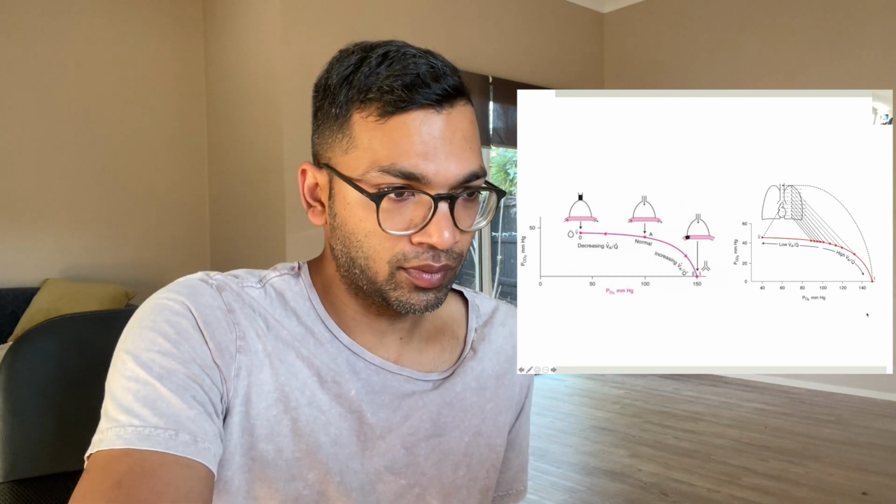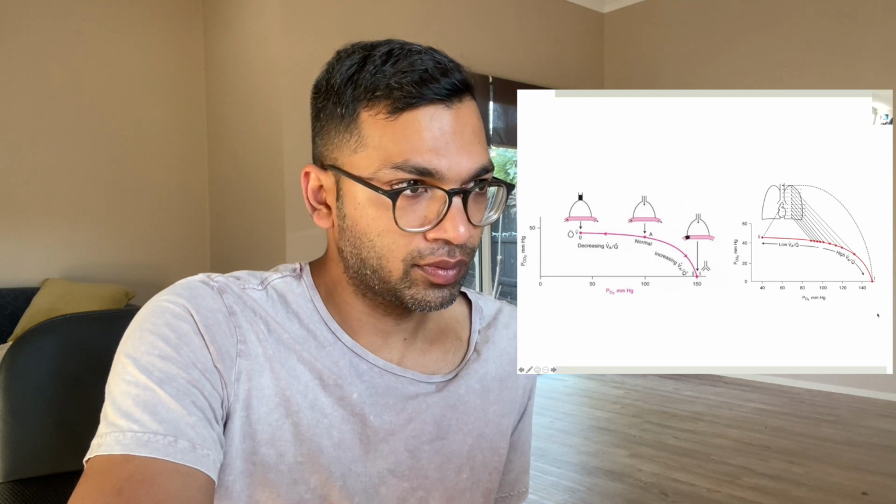Because of the gravitational effects on the lung, the distribution of VQ is organized where the apex of the lung is more akin to conducting airway, and the base is more akin to the mixed venous blood.